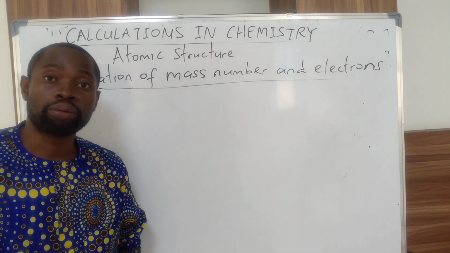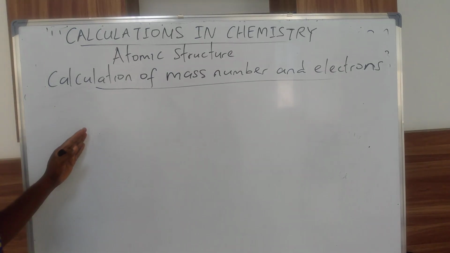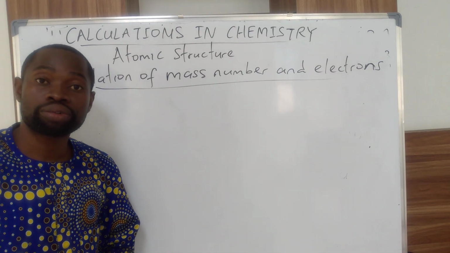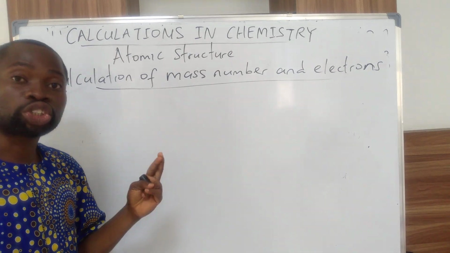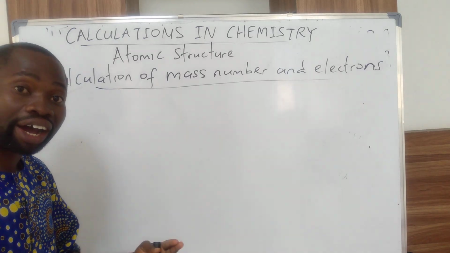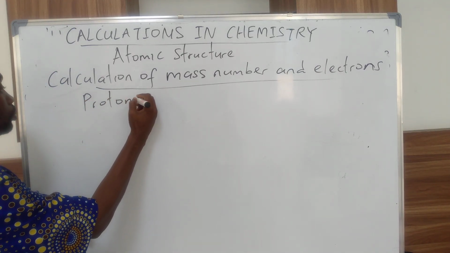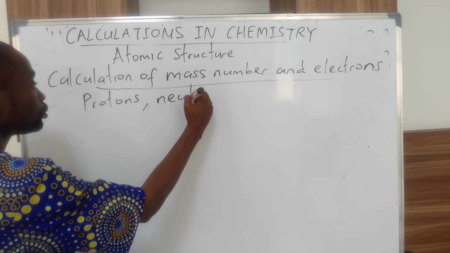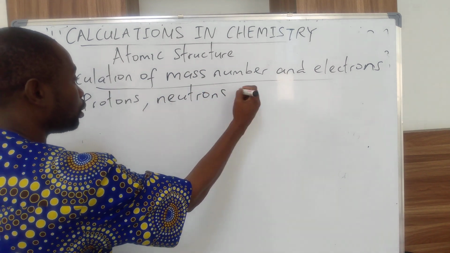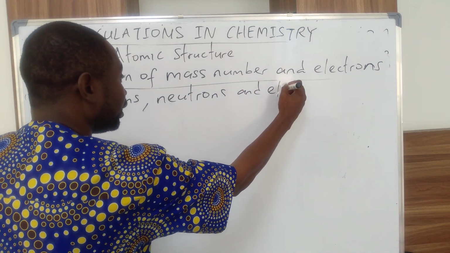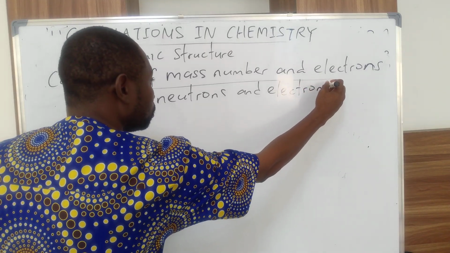Of course, we all know that an atom consists of three subparticles, which are protons, neutrons, and electrons.